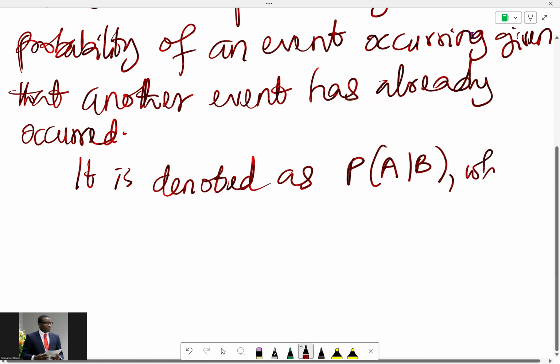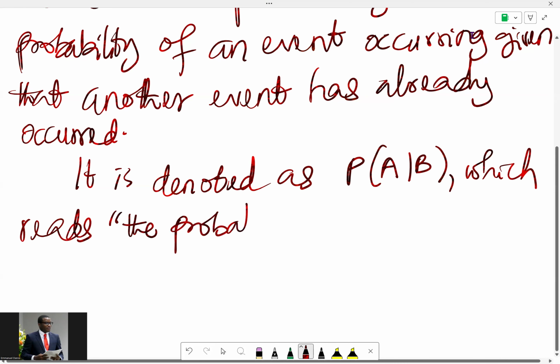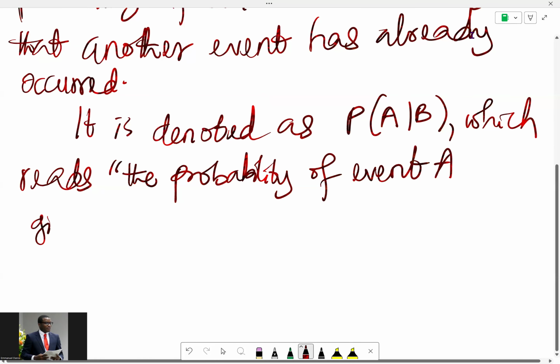Which reads: the probability of event A given that B has occurred.